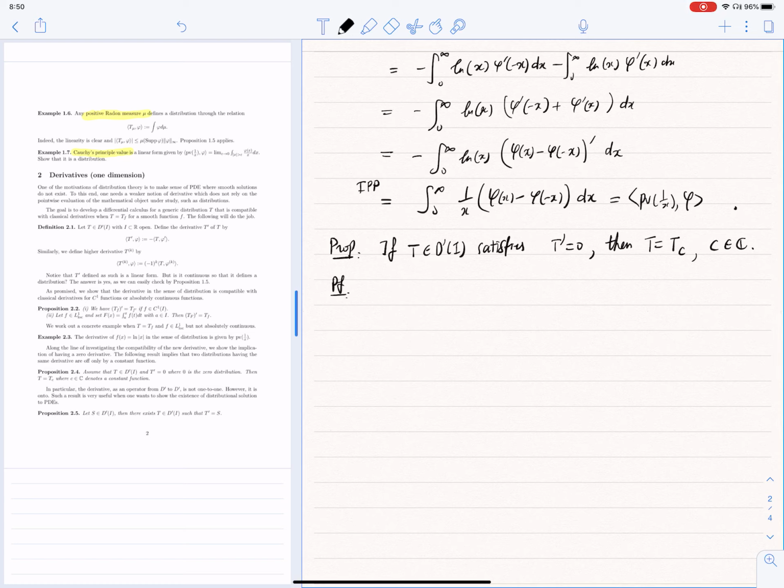First of all, we have this property T prime equals zero, meaning that T applied to phi prime is equal to zero according to the definition. Now we are trying to find a distribution T such that this property is true.